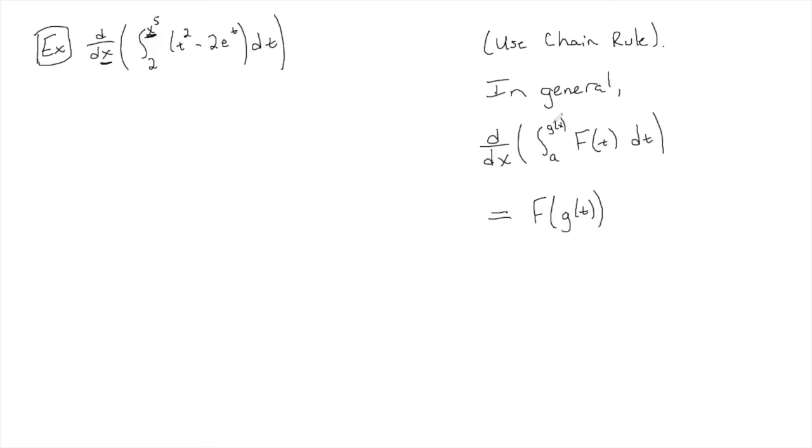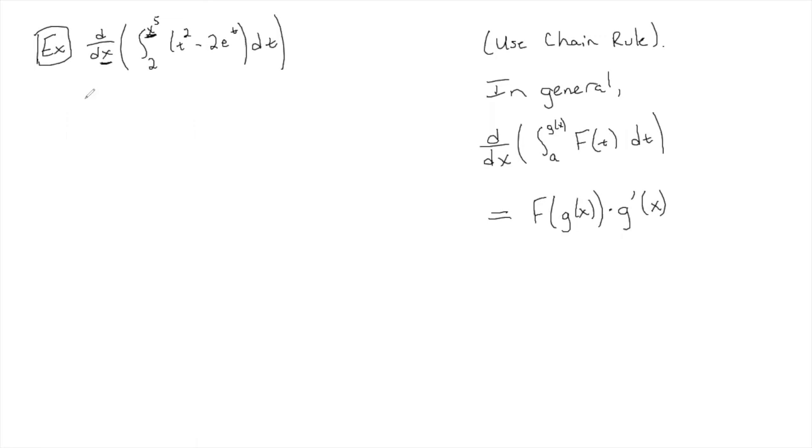But then because this isn't an x, I have to correct for it, in the same way that when I am taking a derivative, I have to correct for this thing not being an x. I have to take the derivative of the inside.